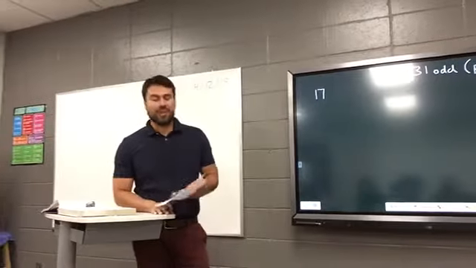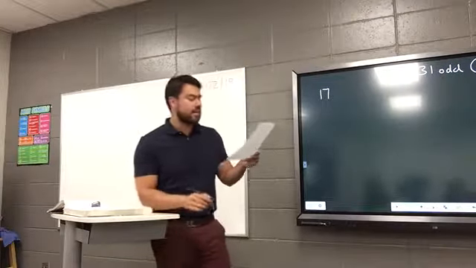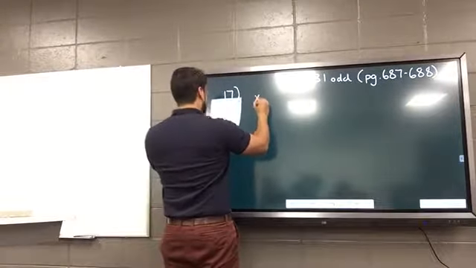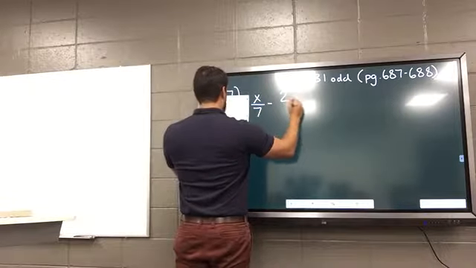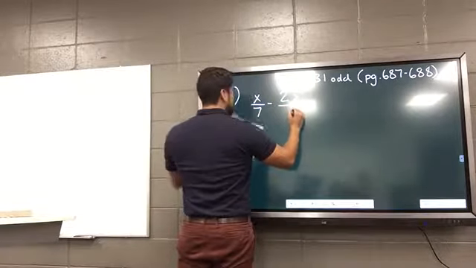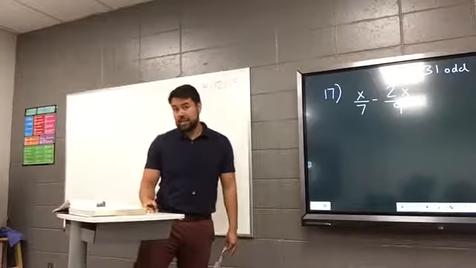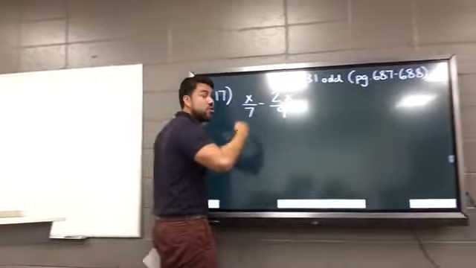Okay, listen carefully. So on number 17, here's the problem. And I'll put it right here. X over 7 minus 2x over 9. Do you guys remember how I made you get the LCD? The reason I had you get the LCD is because that's your first step.